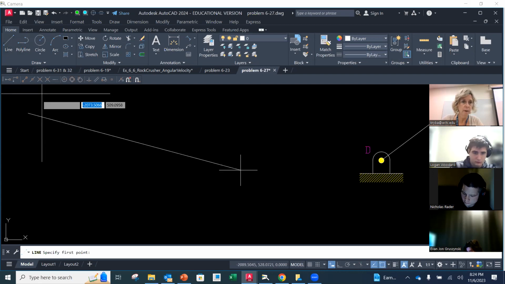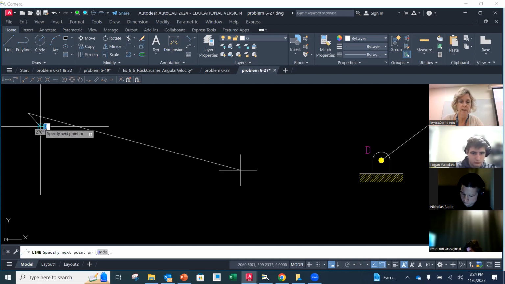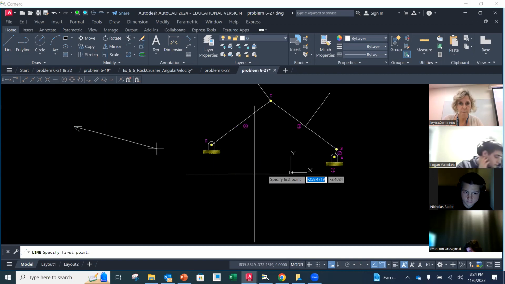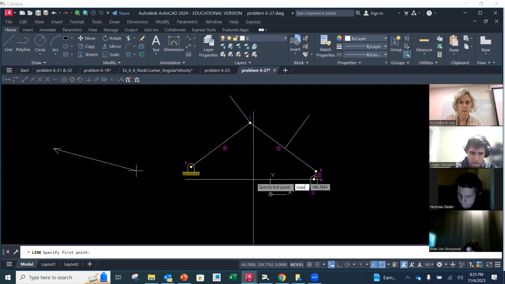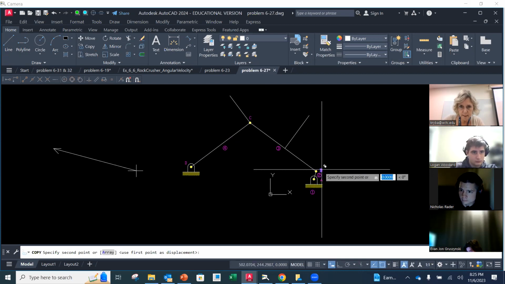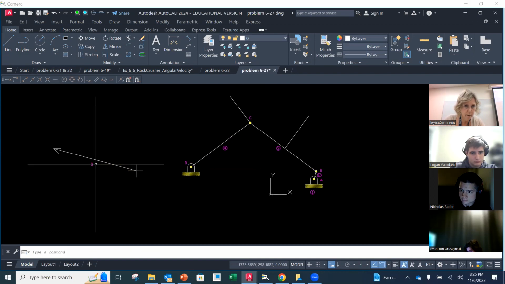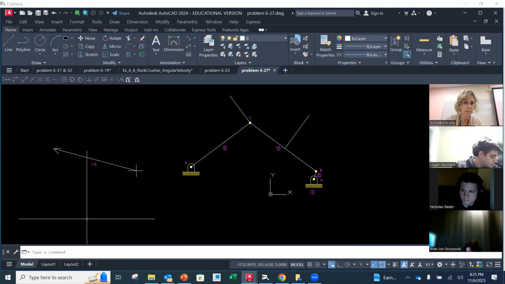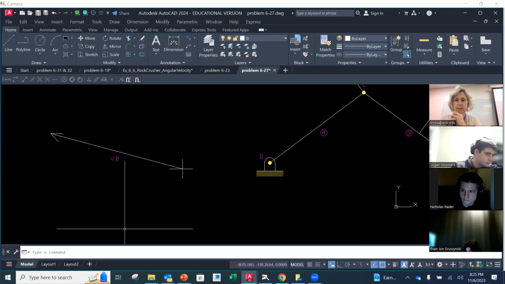And I might as well put my arrowheads on here right away and label this velocity of B. I'm going to take this and put this over here and right in front do capital V B. Okay. So that's the velocity of B. That's the only label I have to put on there, as long as I have the right line of action and the right length.